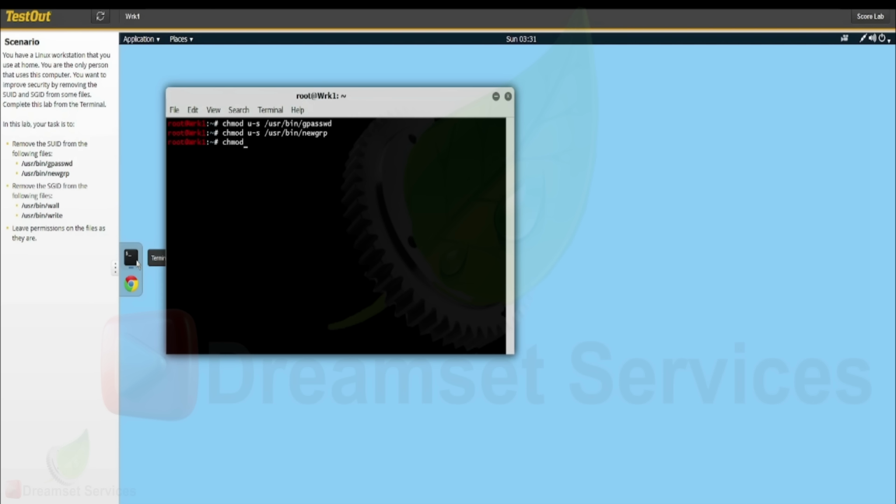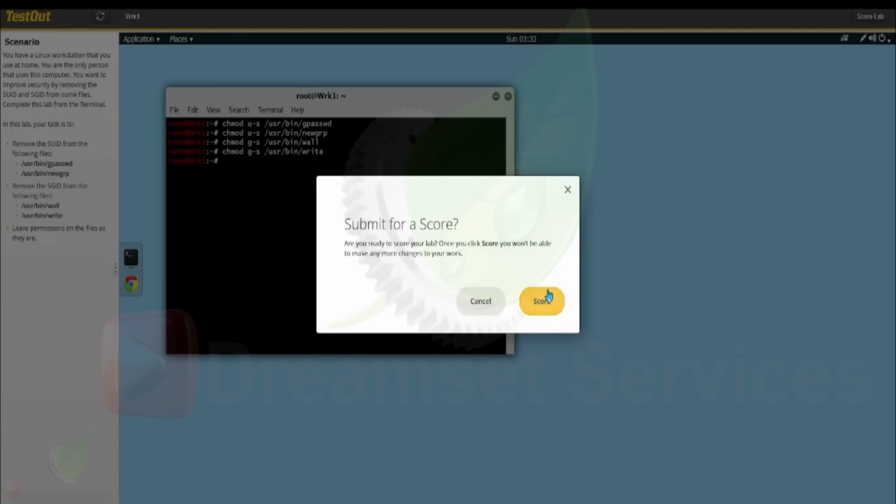Then you press enter and then you type in chmod g-s /usr/bin/wall, and then you press enter, and then chmod g-s /usr/bin/write. Alright, so that is it.